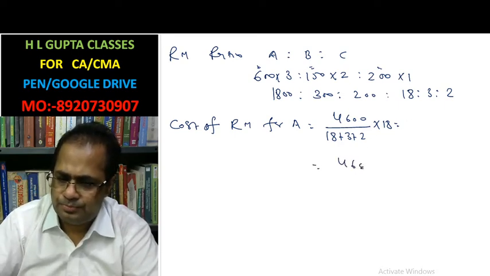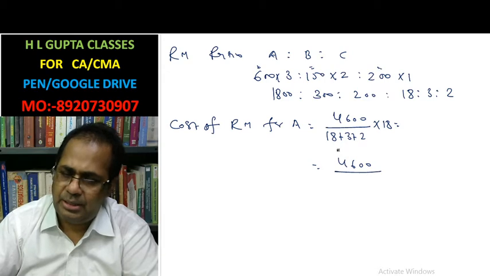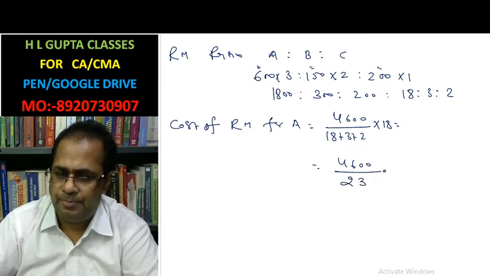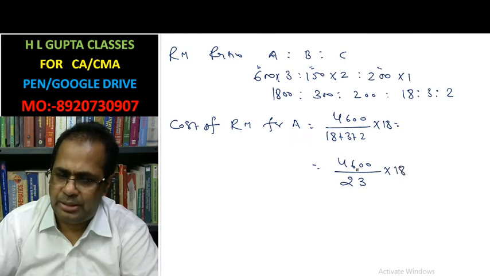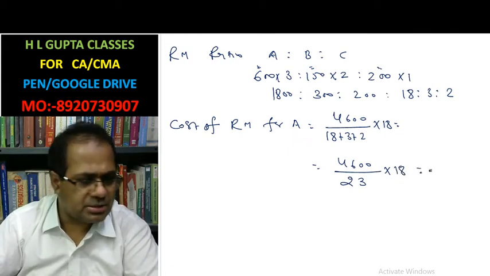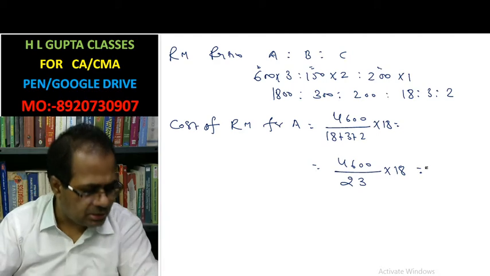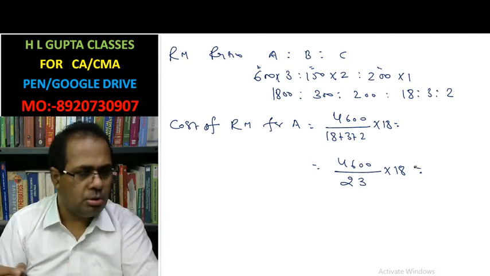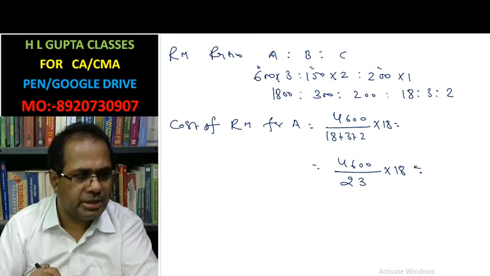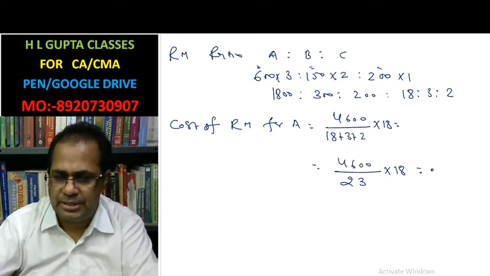After dividing, you will get 23 into 18, that is 3600. This is the ratio, 3600. Raw material, this is 3600.